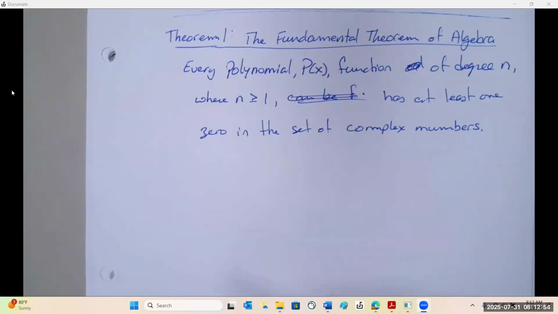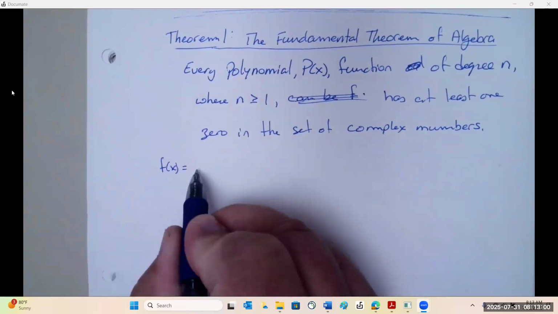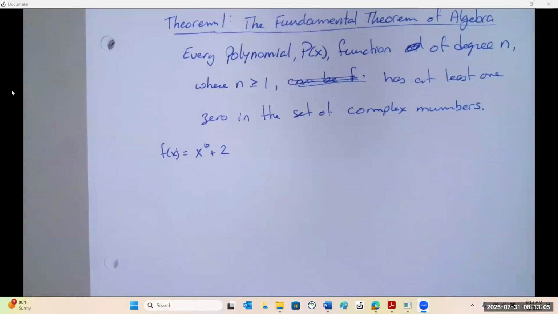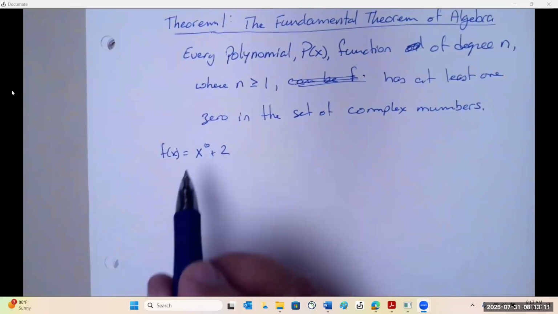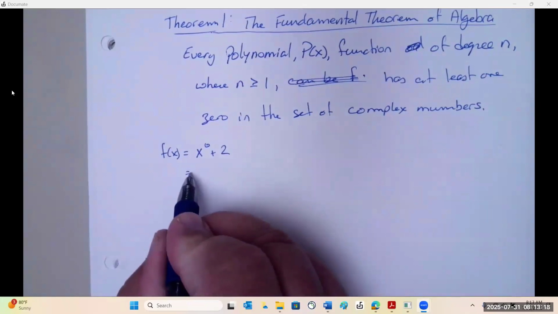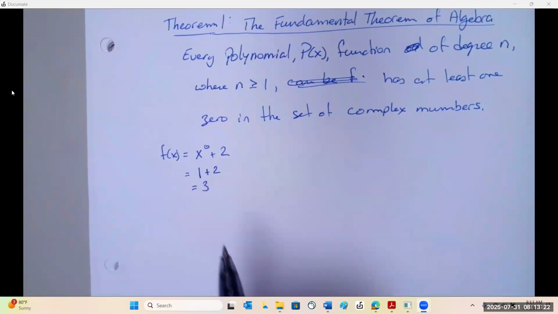What would it look like if it was degree 0? What would that graph look like if it was degree 0? What's the rule for anything to the power 0? So if it's degree 0, it's a horizontal line.